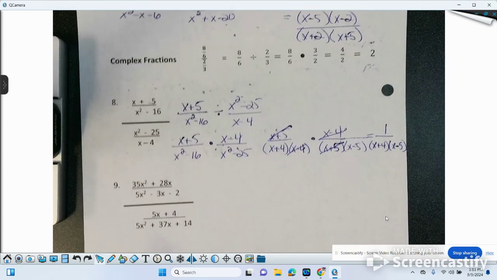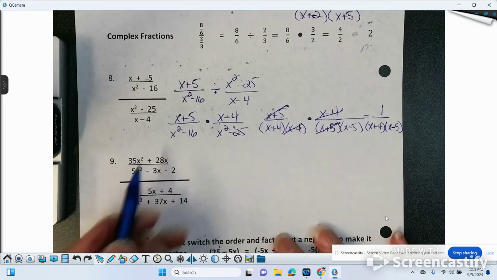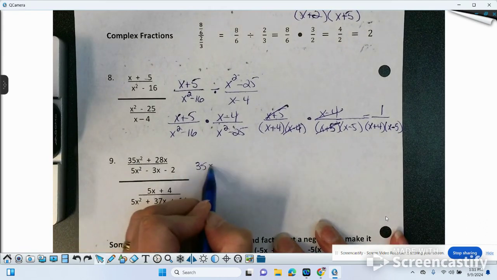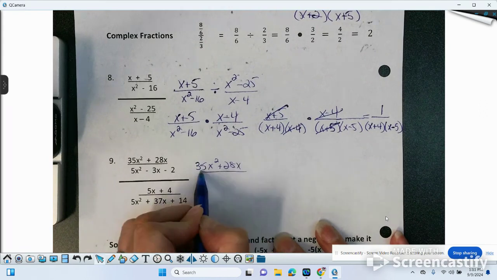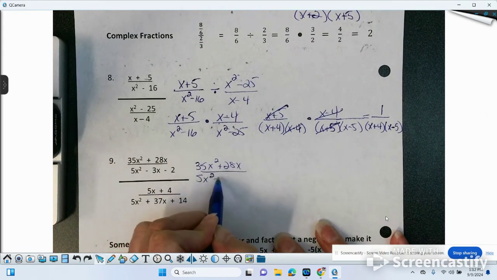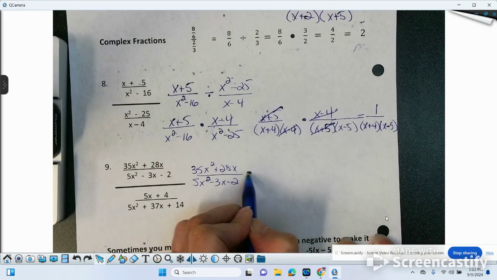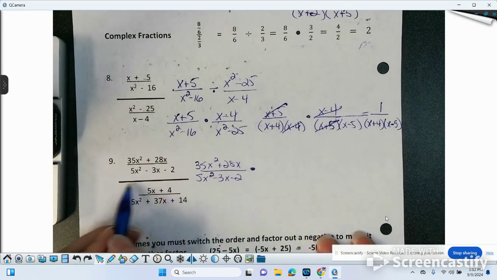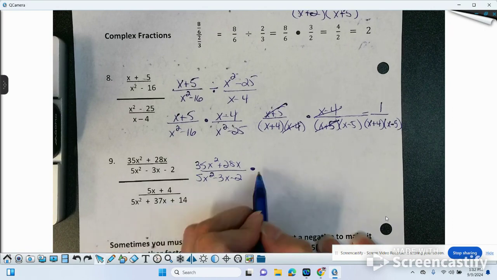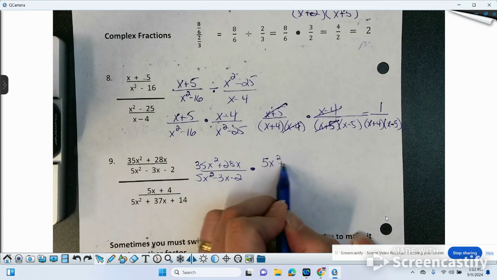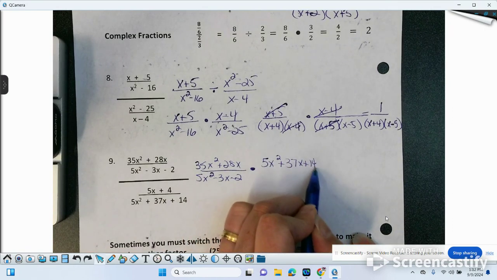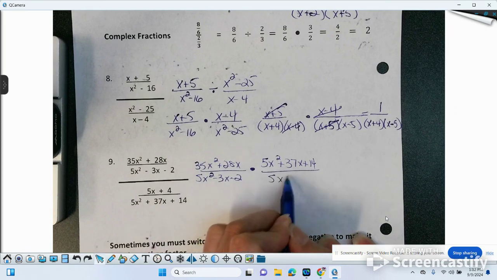All right, and then last but not least, we're going to do the same thing. This is 35x squared plus 28x divided by 5x squared minus 3x minus 2. I'm shortcutting on you here: divided by means times, flip it, x squared plus 37x plus 14, and then the 5x plus 4.